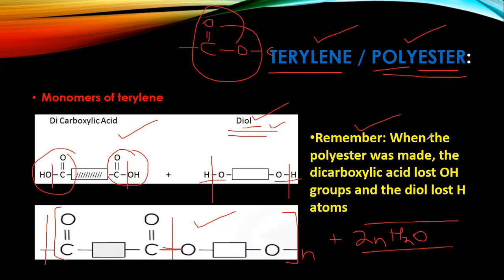Again, remember, when it is a polyester, now identify this linkage. We learned about this linkage in the beginning. This is known to be the ester linkage. Yes, rightly identified. That's nice. It is known as the ester linkage, or ester bond, or ester functional group.